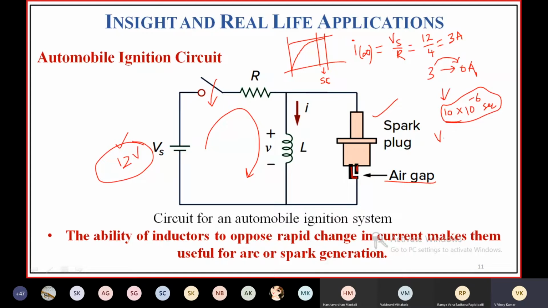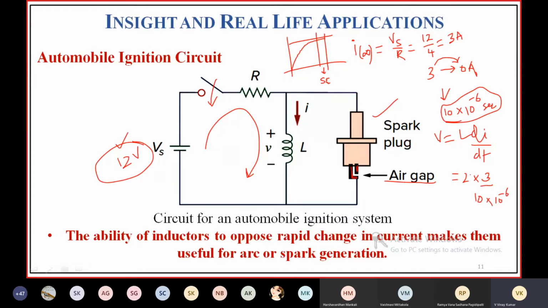Then you know V is equal to L di by dt. You take some value of L, say 2 henry. 2 into the change in current, 3, divided by the change in time, 0 to 10 microseconds, which means 10 into 10 to the power minus 6.